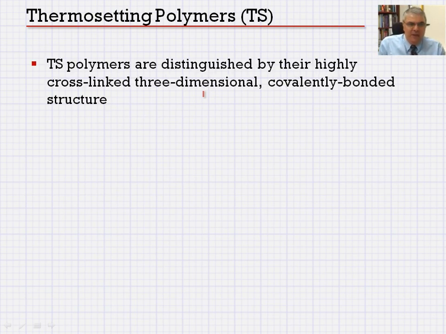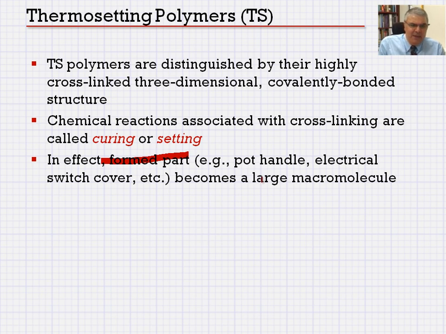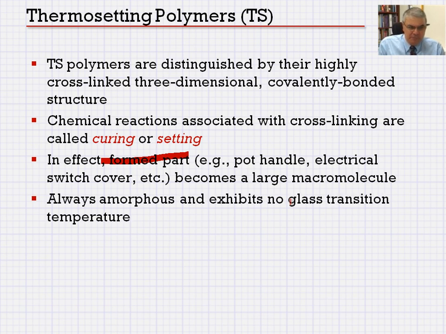The thermosetting polymers are distinguished by their highly cross-linked, three-dimensional, covalently bonded structure. The chemical reaction associated with cross-linking is called curing or setting, and as we have discussed previously, these are macromolecules formed when the parts are joined together into very big molecules.